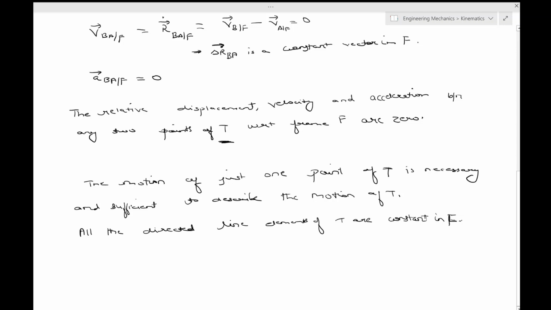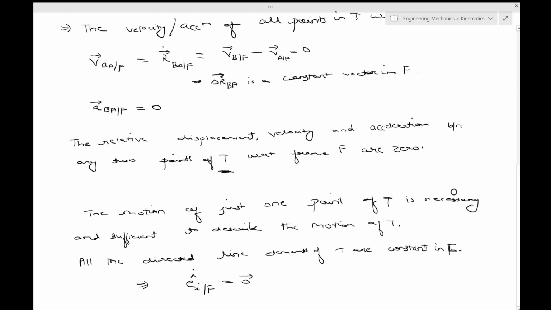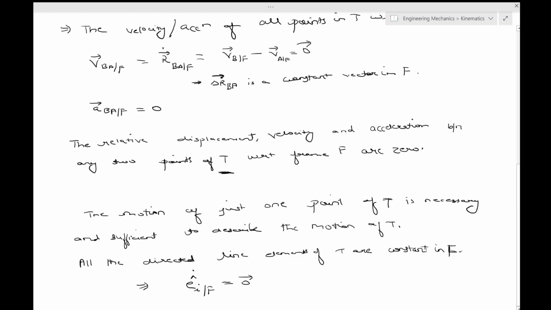This means that e_i of F dot is equal to 0. Actually, when I am writing, I should write it as a 0 vector, because this is not just in magnitude, it's also in direction. So all the directed line elements of T are constant in F.